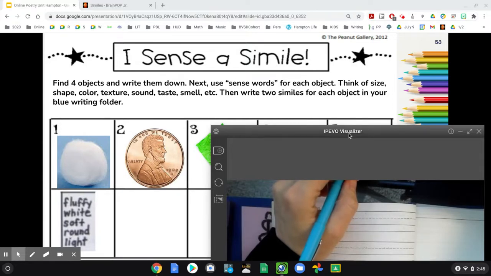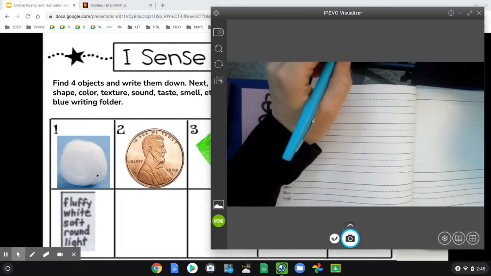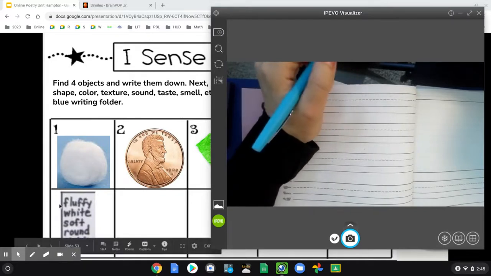Okay, and so what we're going to do is we're going to review. So we did this cotton ball, and we said it's fluffy, white, soft, round, and light.